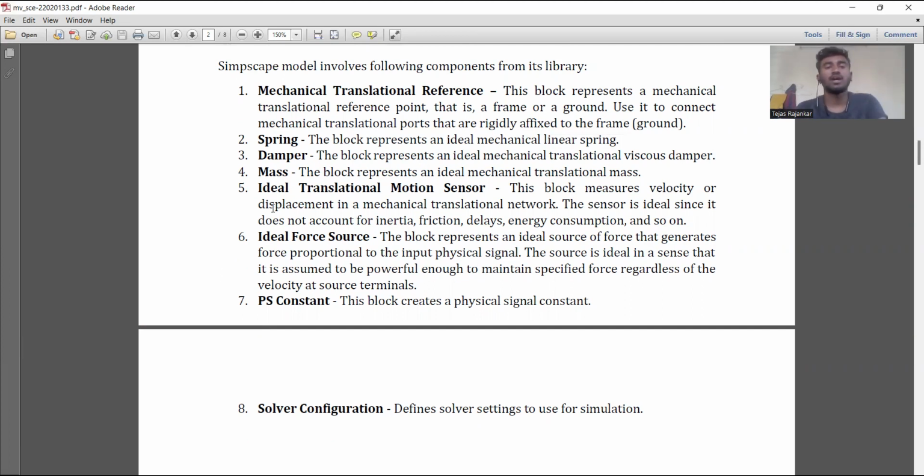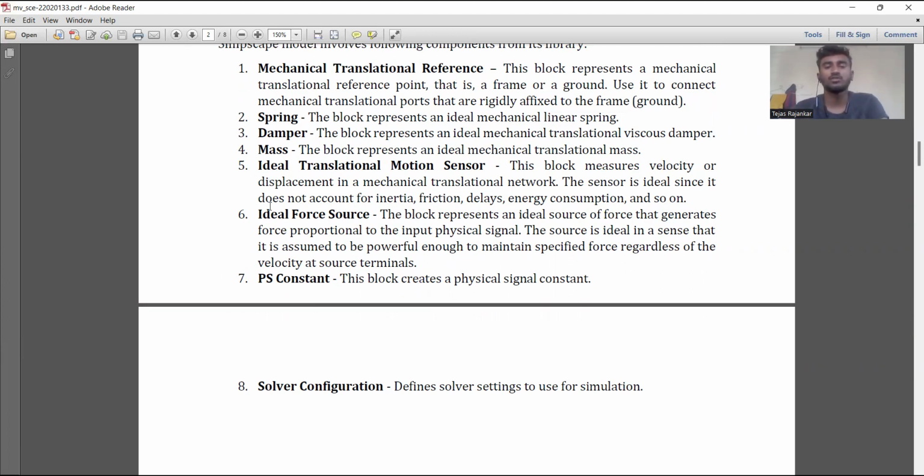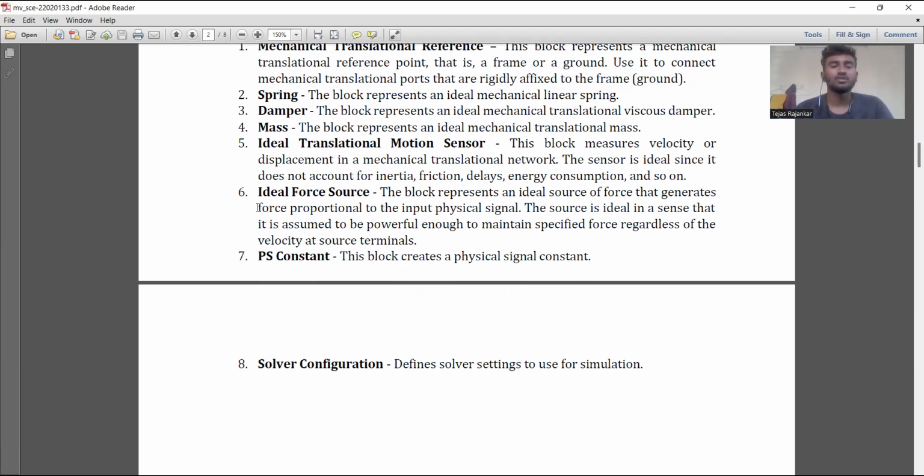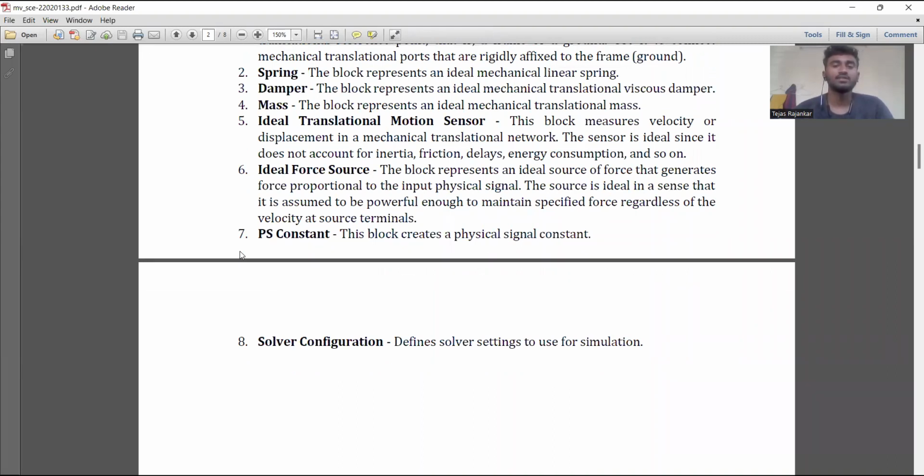The fifth one is the ideal translational motion sensor. This block measures the velocity or the displacement in a mechanical translation network. The sixth one is the ideal force source. This block represents an ideal source of force in the sense that it is assumed to be powerful enough to maintain a specified force regardless of the velocity at the source terminal.